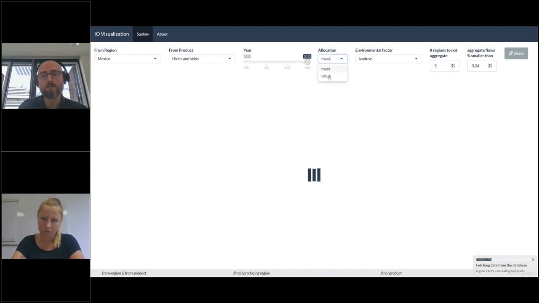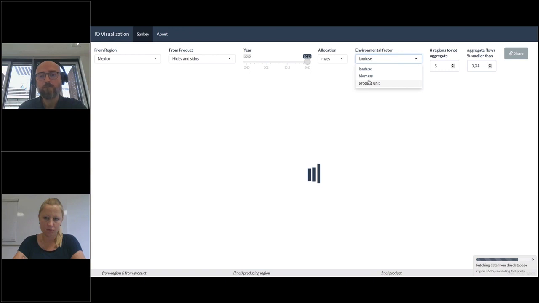Then you select mass or value allocation. Then the environmental indicator that you show, which is the land use embodied in the supply, or the primary biomass, or the product unit.